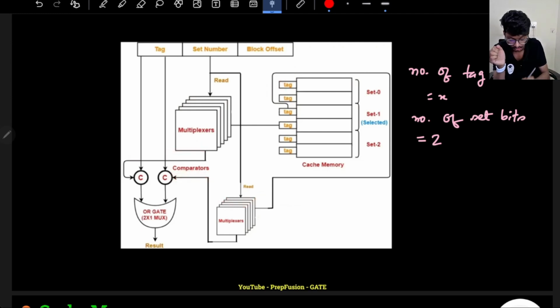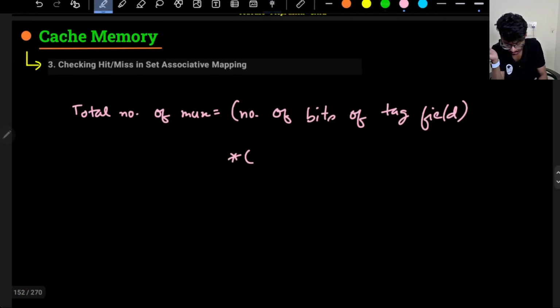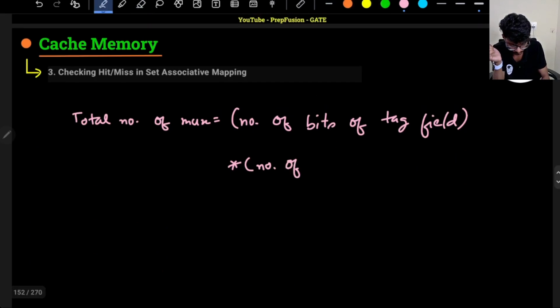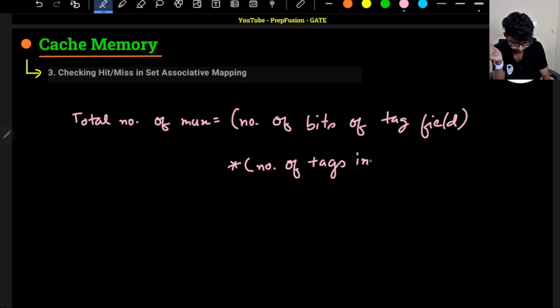I have to propagate all of the tags. So that's why into the number of tags in each set. This will be the total number of muxes that I require, right?